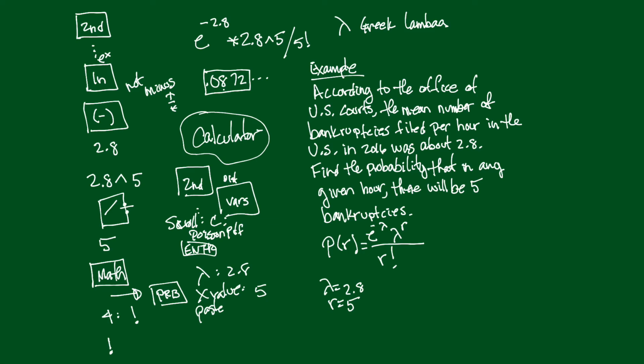So you type in those values, go down to paste, press enter, and then what comes up is Poisson PDF, 2.8 and 5 and close, and now just press enter. And right here I'm getting that 0.0872. I'm getting the same thing I got before.